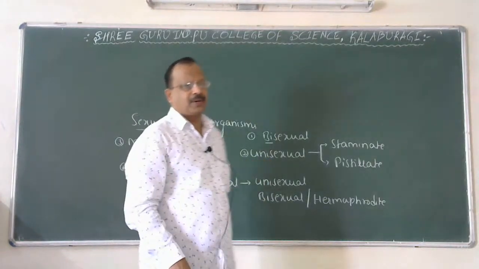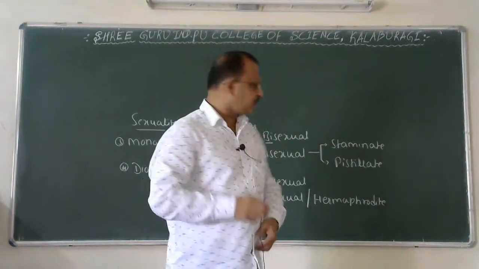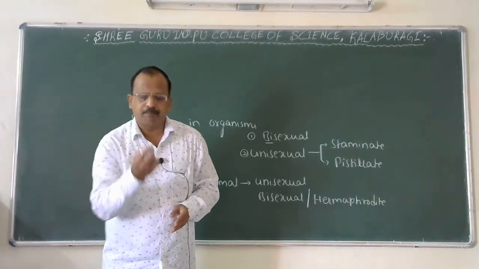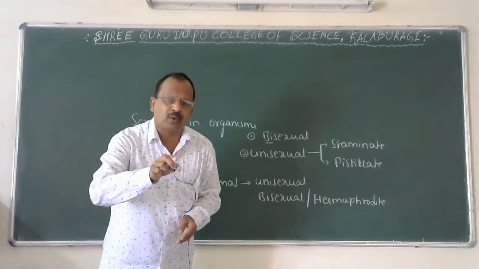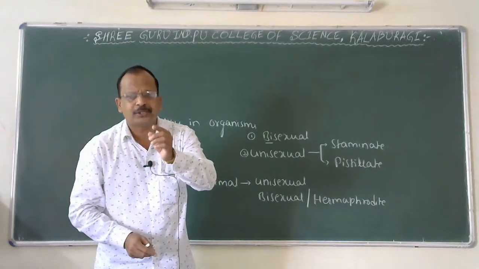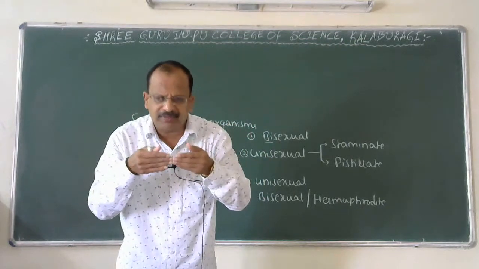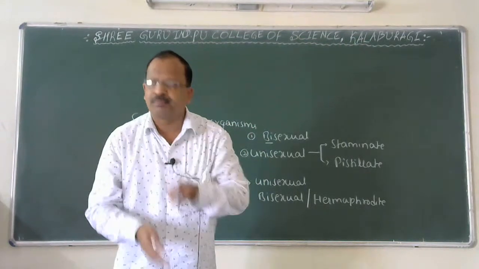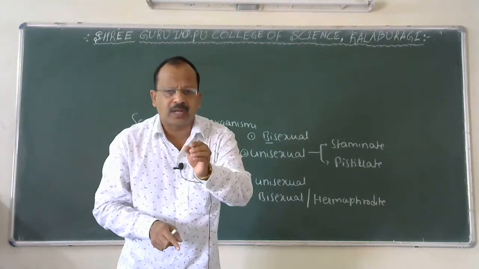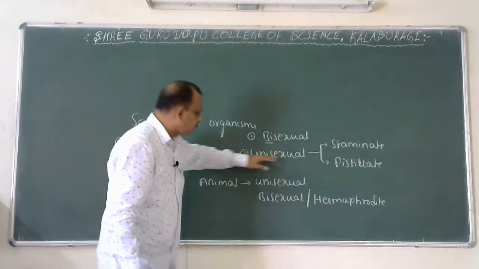In the previous class we came across the four floral whorls: calyx, corolla, androecium and gynoecium. The lower two floral whorls, calyx and corolla, are called non-essential floral whorls because they are not directly involved in sexual reproduction, whereas androecium and gynoecium are called essential whorls because they are directly involved in sexual reproduction.